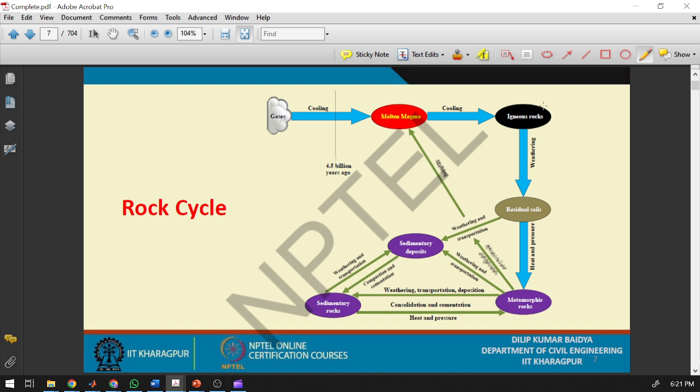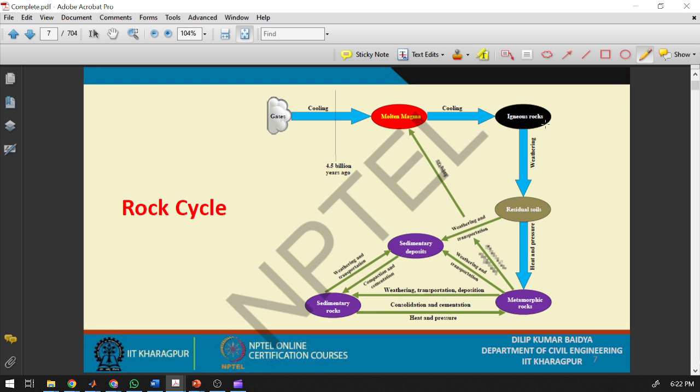Inside the earth, you will have very high pressures and high temperatures, and in this area you get igneous rocks that are very hard. And when weathering of these rocks takes place, you get residual soils, which are the primary building blocks of other kinds of soil.